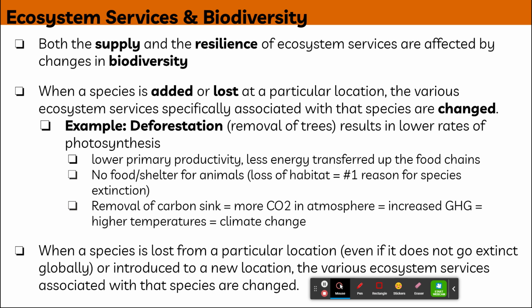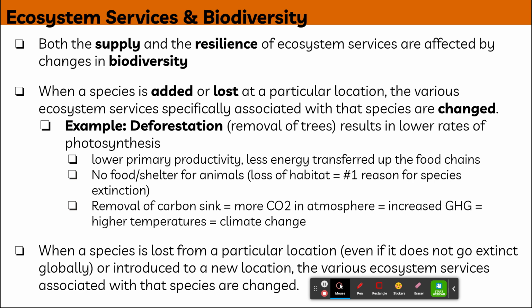That's increased greenhouse gases, higher temperatures, climate change. So you can see here really well how all the things we've been talking about start to really relate together and how this course is a building course. So moving forward, anything we've talked about so far, including the carbon cycle, greenhouse gases, global warming, they all build and they all relate to one another.